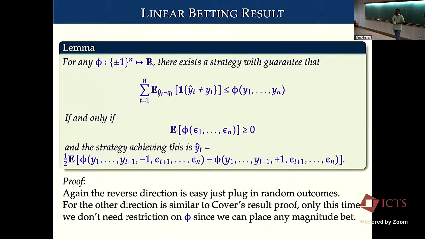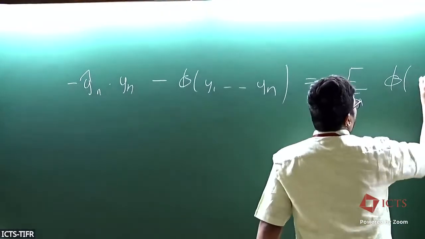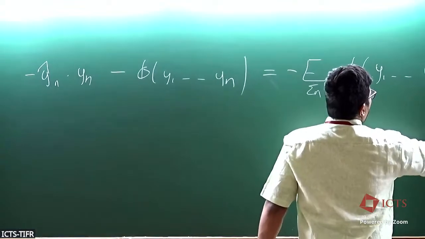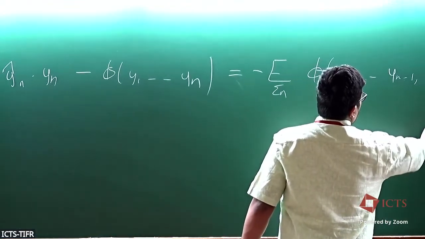And the high level idea was that you start all the way from n, and you notice that at round n, it doesn't matter what the opponent played, or in other words, it doesn't matter who won the game, because what you can show is that minus ŷ_n times y_n minus phi of y_1 through y_n, for the specific strategy given there, is exactly equal to the expectation over epsilon_n of minus phi of y_1 through y_{n-1}, epsilon_n.